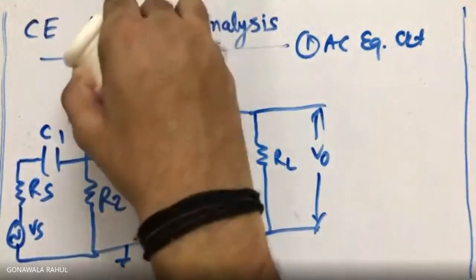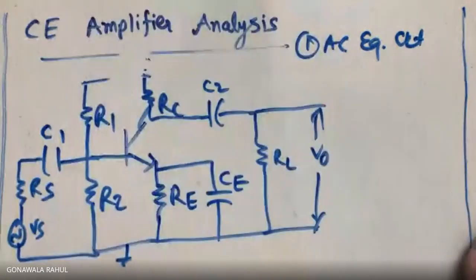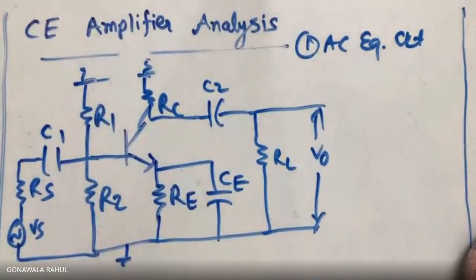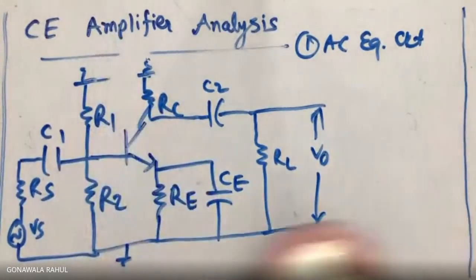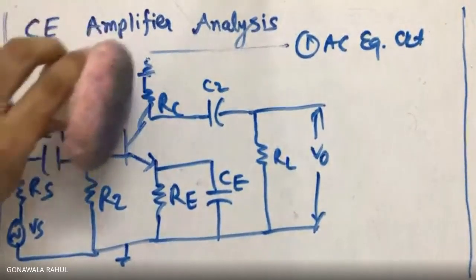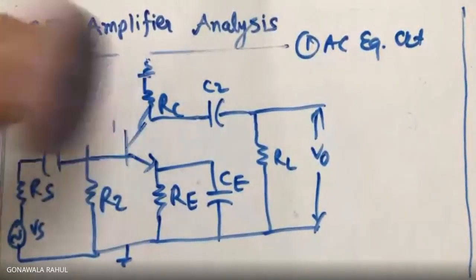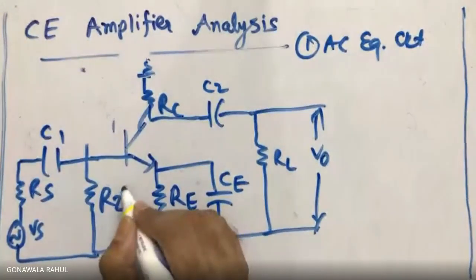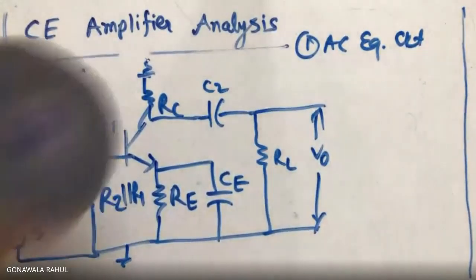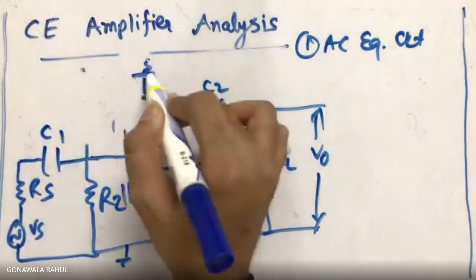Here we have only one DC source, and that is VCC. So this will be connected to ground, and this ground will come here. So R1 and R2 come into parallel, as we have earlier discussed in detail. So I am writing directly here R2 parallel R1. RC is grounded here.